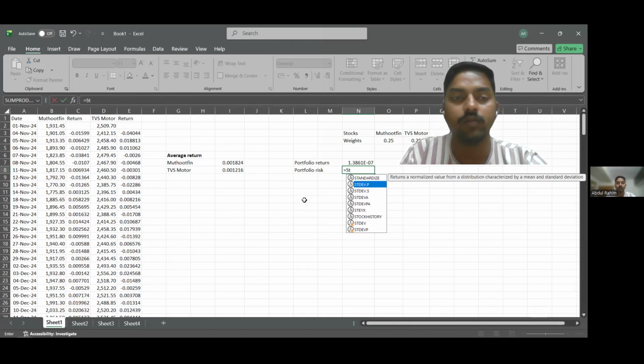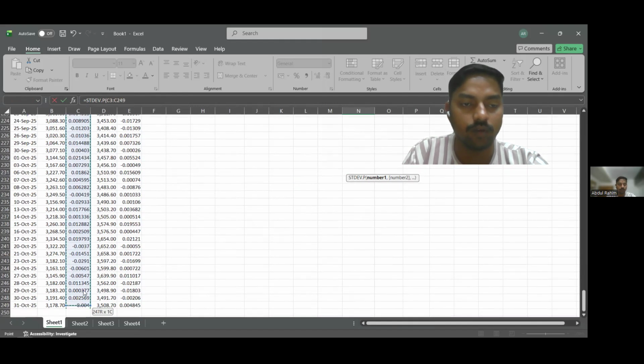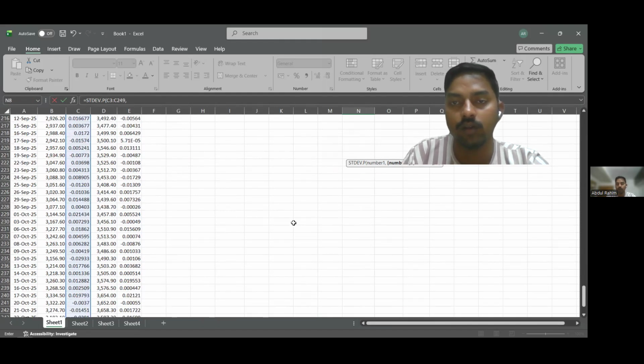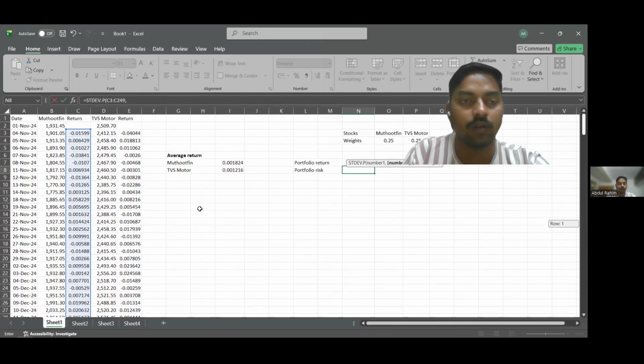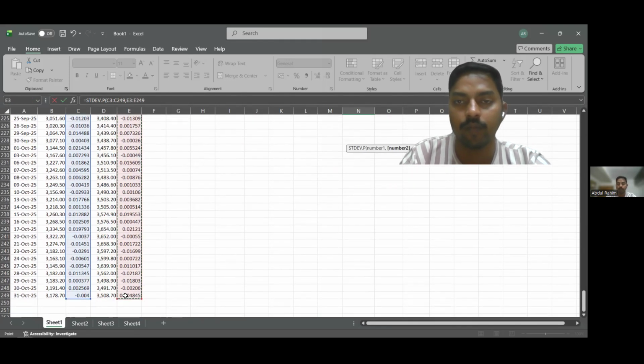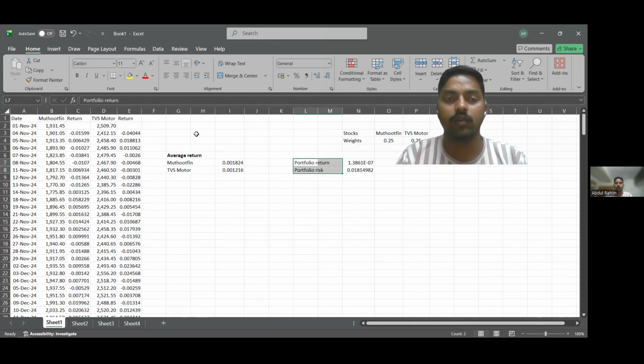We can take the first company's return, comma, second company's return. That is our portfolio risk. So you can highlight it.